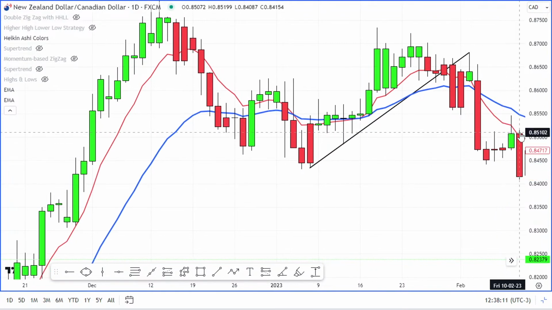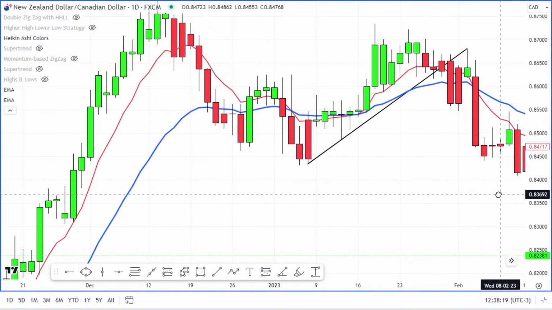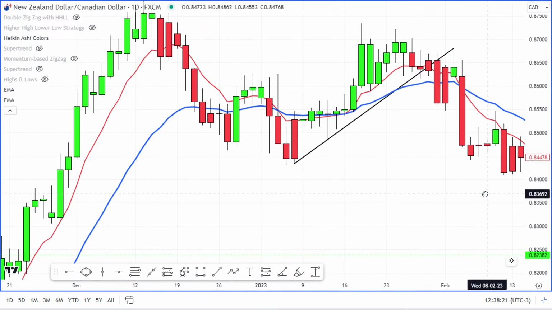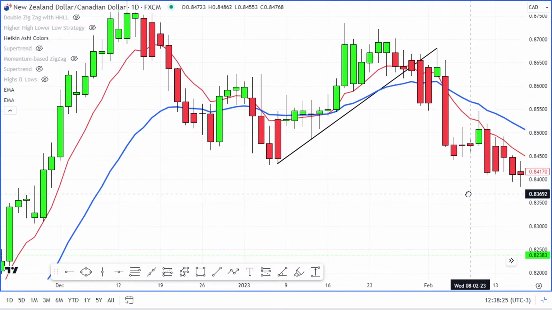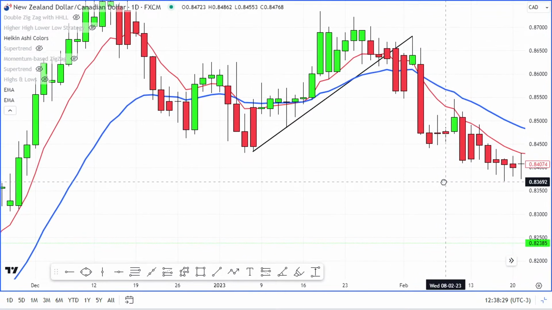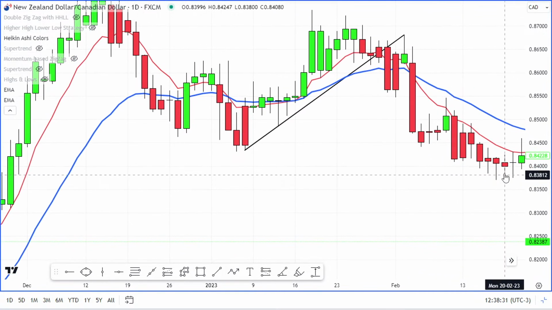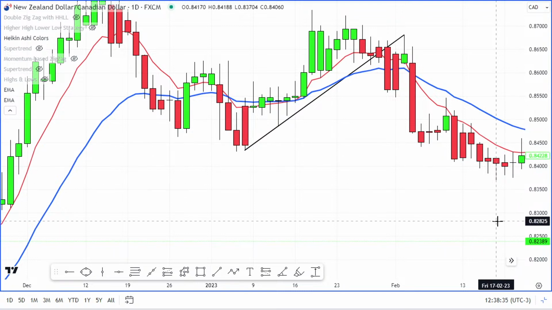Heikin Ashi turned red again. You must get in with the lots, with the volume that you got out with here. And you are staying in the trade, making money. Green, bam, you get out again, 50% of the position.